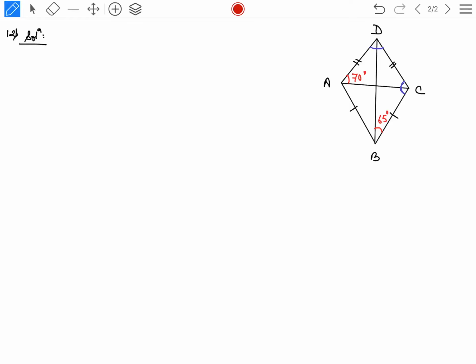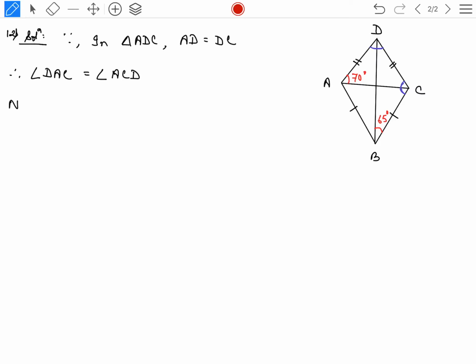Okay, see, since in triangle ADC, look carefully, since in triangle ADC, AD is equal to DC. Okay, so therefore we can write angle DAC will be equal to angle ACD. Okay, angles opposite to the equal sides.